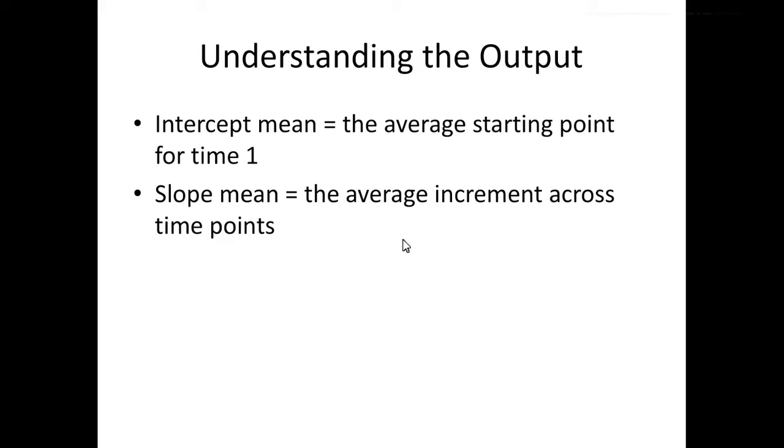But if you're using a linear model to estimate that, it's not going to look very interesting, because it's going to be fairly flat, since the first couple of time points are flat. But when you're looking at the output, the slope mean is that average increment from 1 to 2, 2 to 3, and so on.